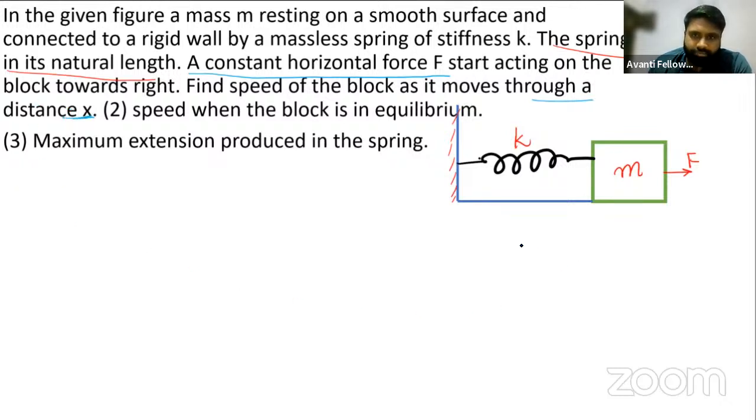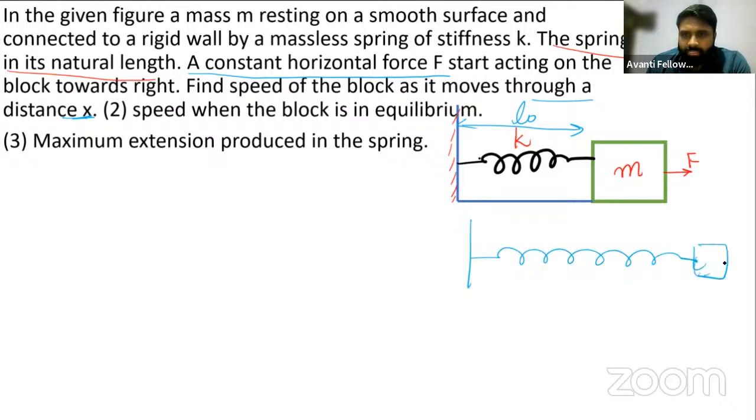So what we are going to do, we are trying to draw the FBD of the system when it is at x distance, which means the spring has stretched by a length of x. So now it is in a natural length, which is L naught, let's say. But if you further see, because of the application of this constant force, there is a spring force developed, which is exactly equal to kx, because it has extended its length by x.